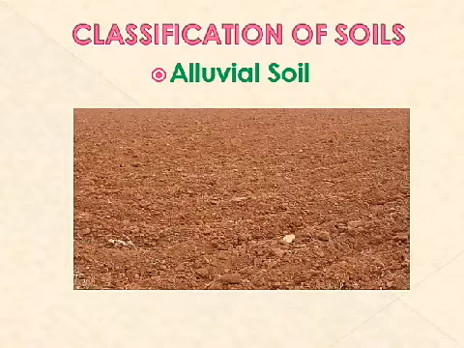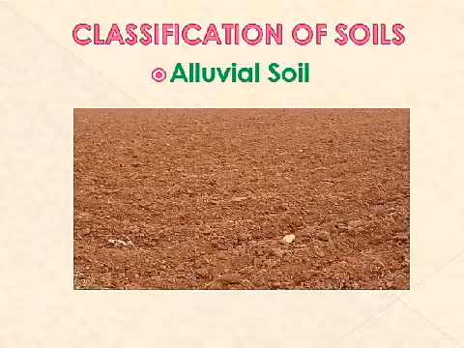Students, this is the most widespread soil in India, which has been deposited by three important Himalayan river systems, the Indus, the Ganga and the Brahmaputra. Students, again I am telling you some features of alluvial soil.